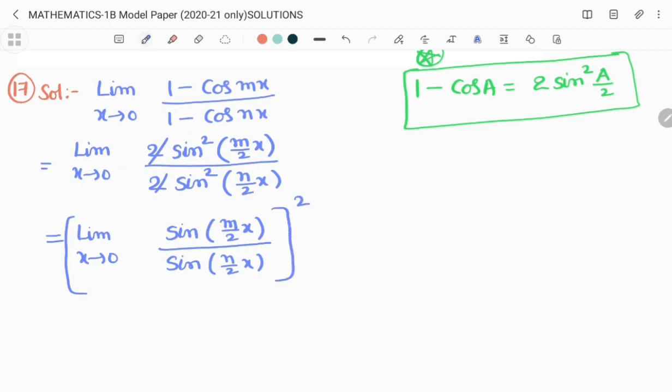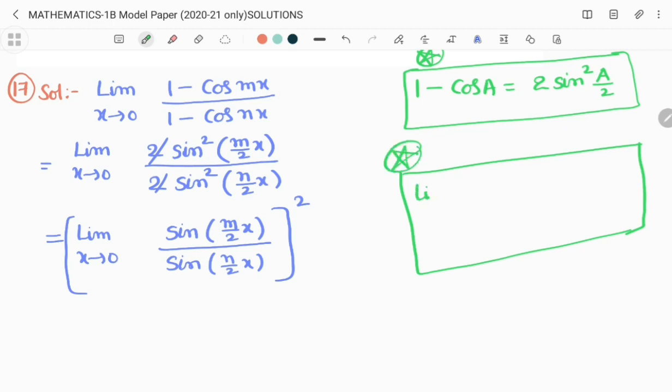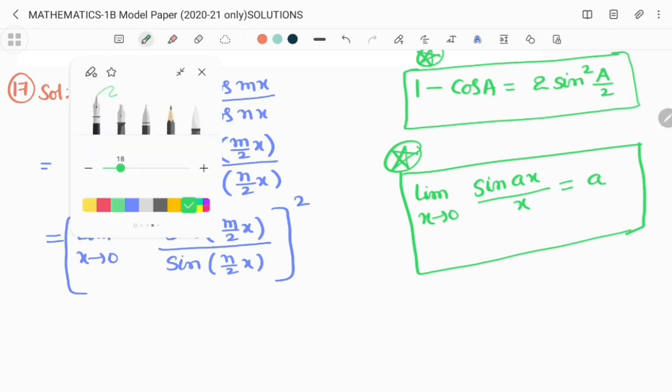To get the formula form, you need to learn the standard limit formulas also. Limit x tends to 0 sin ax by x is equal to a. Here the x coefficient, whatever is there, that only answer will come. So here also, by observing the limit in this third step, x is not there in the denominator for the numerator as well as denominator term. So how will it come?